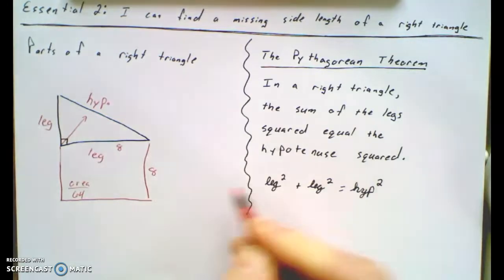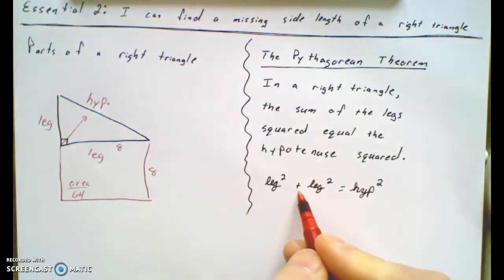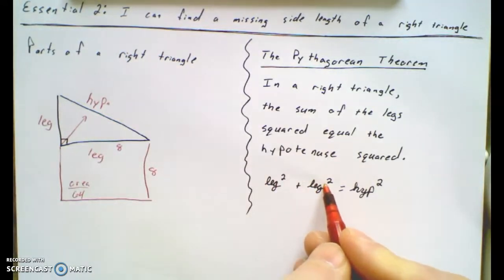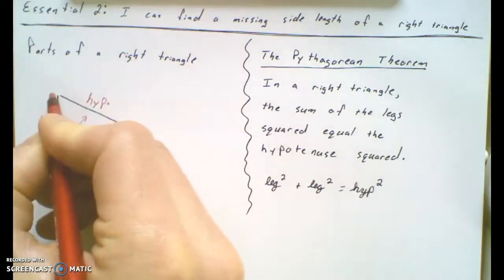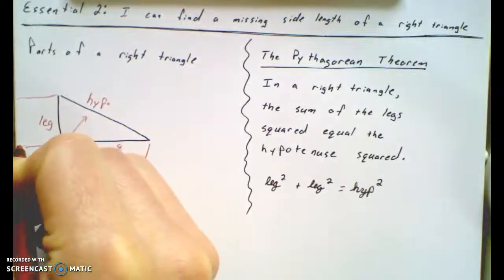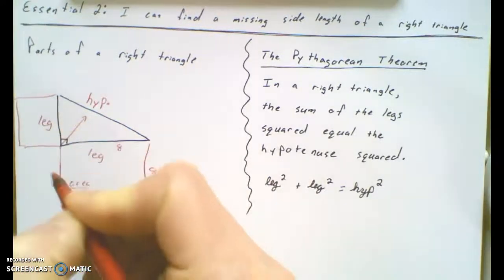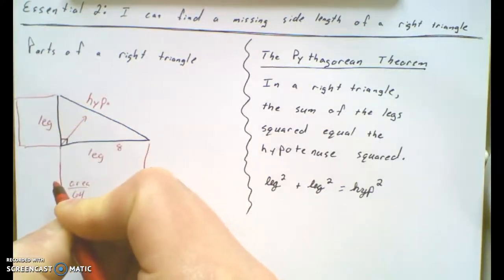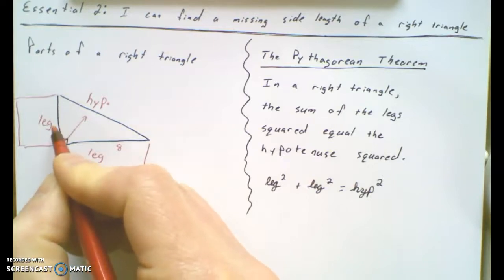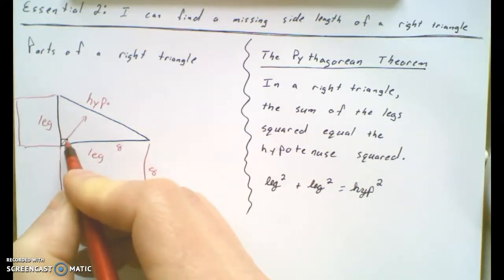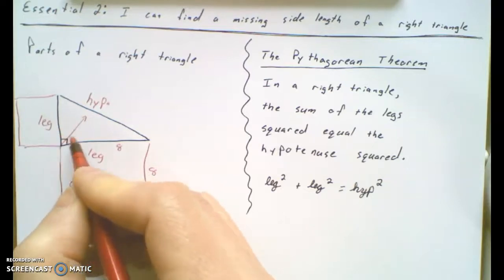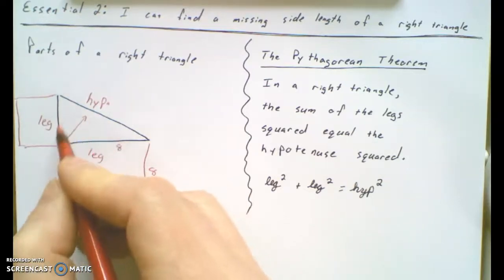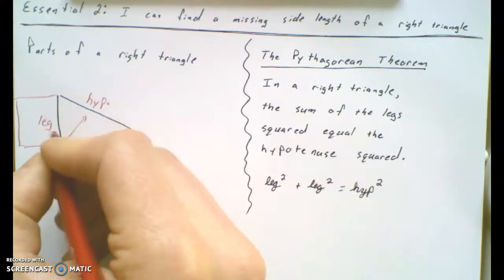Okay, and then we're going to add that to the other leg squared. I'm running out of paper, so it's not quite a square, but close enough. And we would square this one. Again, we don't have a number, so we'll just put in a number here because I think it helps us see what's going on. This one is a little shorter, so let's say it's 6.